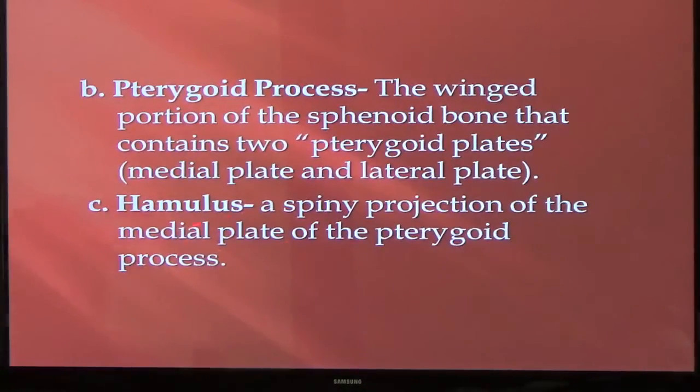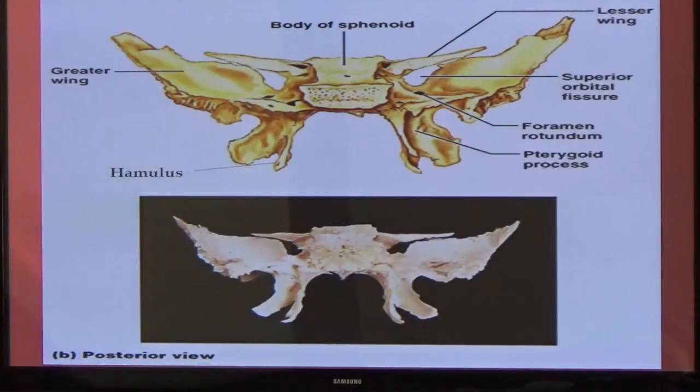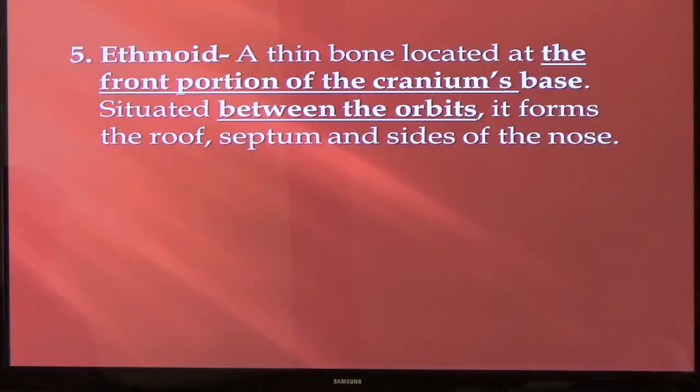Okay, so the sphenoid bone has a hamulus, which is a process. It's an extension, and it's a pterygoid process. Here, pterygoid process coming this way, and the hamulus is this little spiny one right here. So remember, process is just an extension, and you're going to hear that over and over.